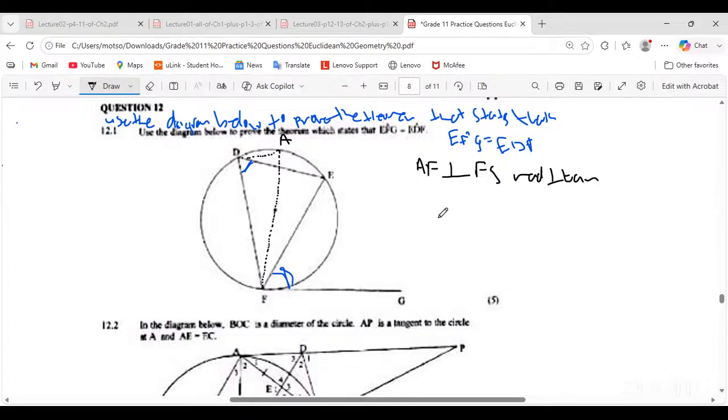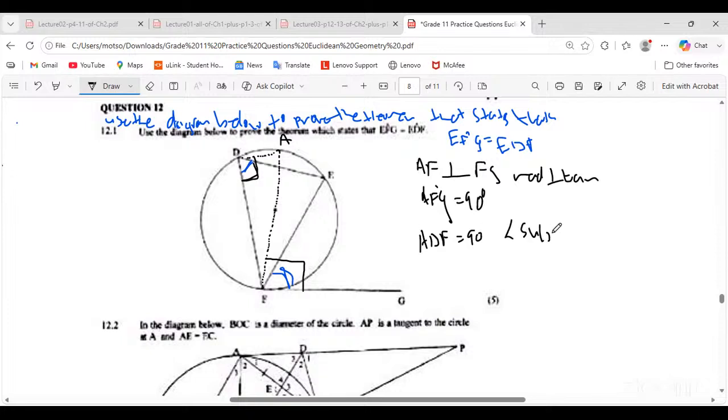So AFG is equal to 90 degrees because of the perpendicularity. Now, angle ADF, this angle here, is equal to 90 degrees. Why? It is an angle subtended by this diameter.